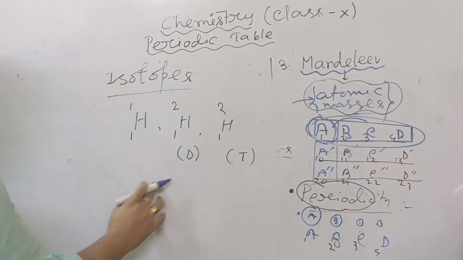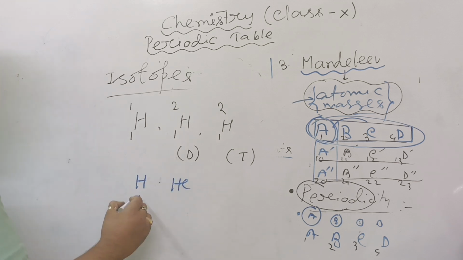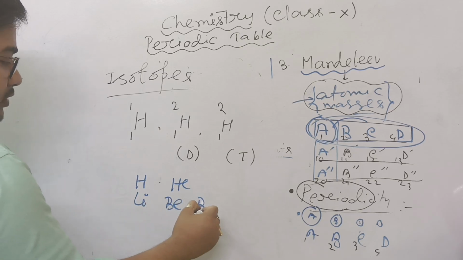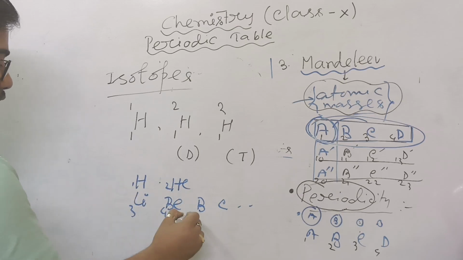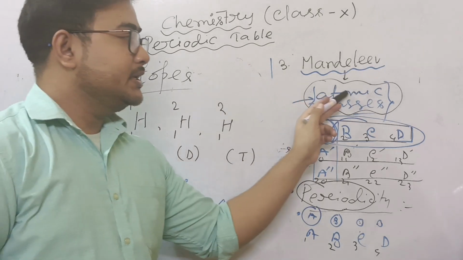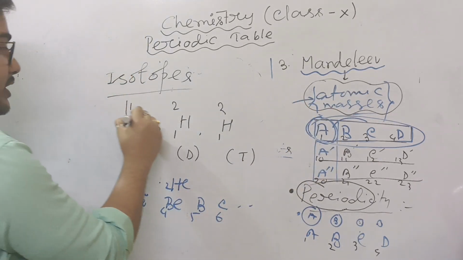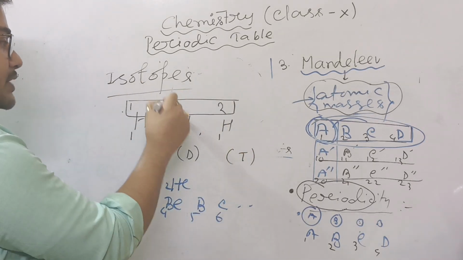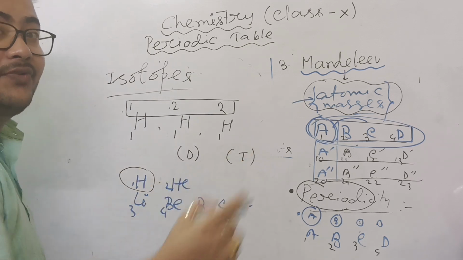All of you know the atomic mass of hydrogen is 1, helium 2, suppose lithium 3, beryllium 4, boron 5, carbon 6, and so on. But if we arrange the elements in increasing order of their atomic masses, hydrogen itself has 3 different masses: mass 1, mass 2, mass 3. So for hydrogen only we need 3 different positions.